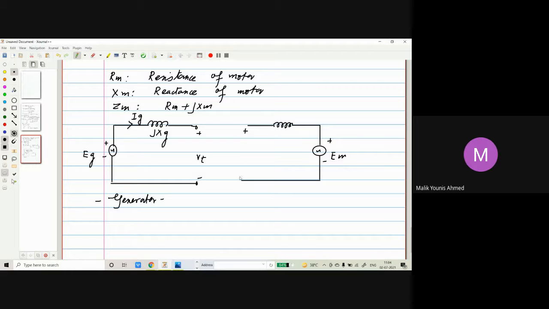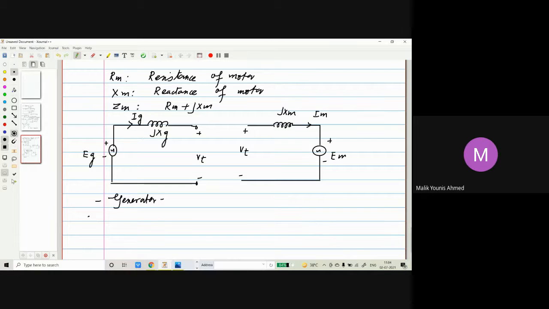So motor is going to consume the power, whereas generator is going to deliver the power. So when current enters the positive terminal, that clearly means that it is absorbing the power. This is Im. Current is entering the positive terminal, it will absorb the power, whereas current is leaving the positive terminal, it will deliver the power.